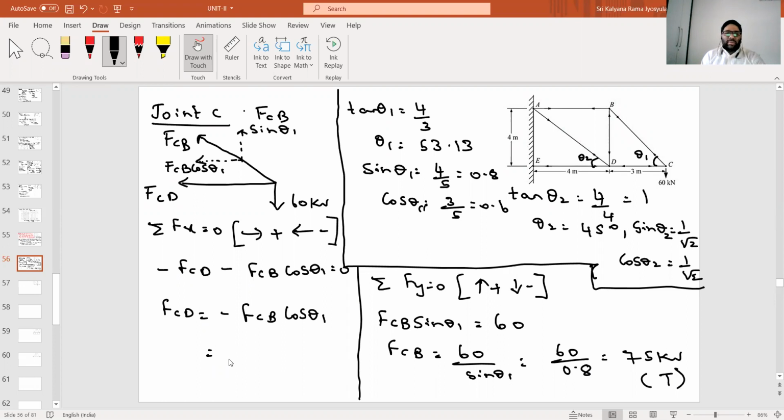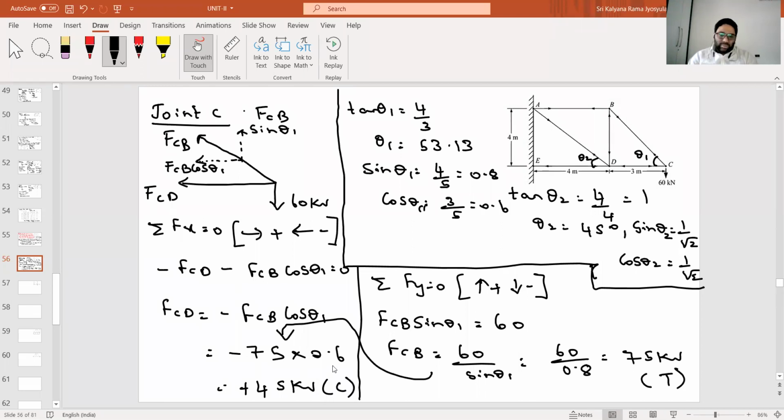Then FCD is minus 75 into 0.6, that is minus 45 kilonewton, or you can say plus 45 kilonewton compression. Either way you can use. This is how we calculate the forces associated with joint C.